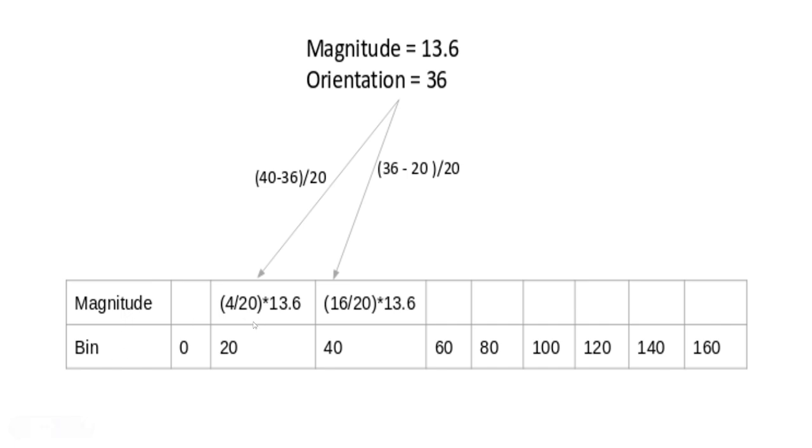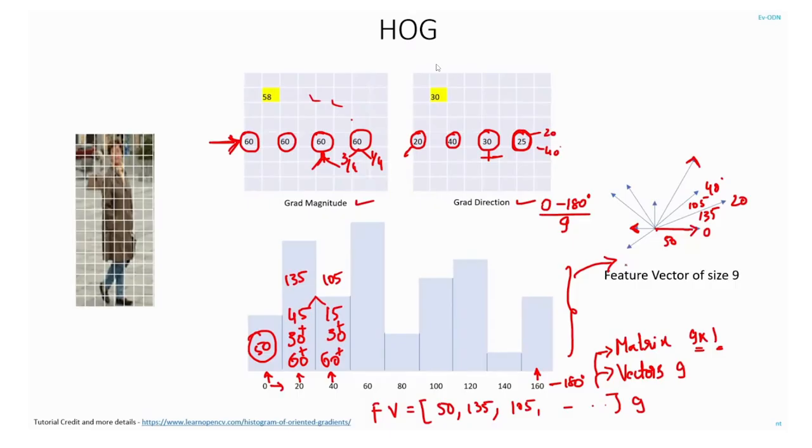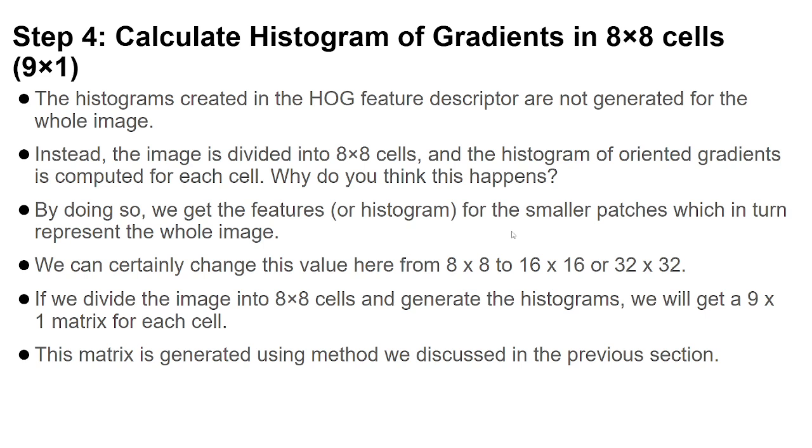So magnitude and bin have been represented for this given value. Here you can see the gradient magnitude and gradient direction represented for some pixel values, and we have extracted a feature vector of size 9 from this gradient magnitude and direction.